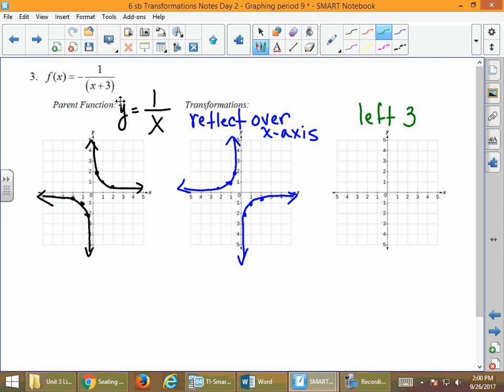So everything's going to move 3 spaces to the left. So (-2, 1/2) is going to move 3 spaces left. And (-1, 1) is going to move 3 spaces to the left. And (1/2, 2) is going to move 3 spaces to the left.